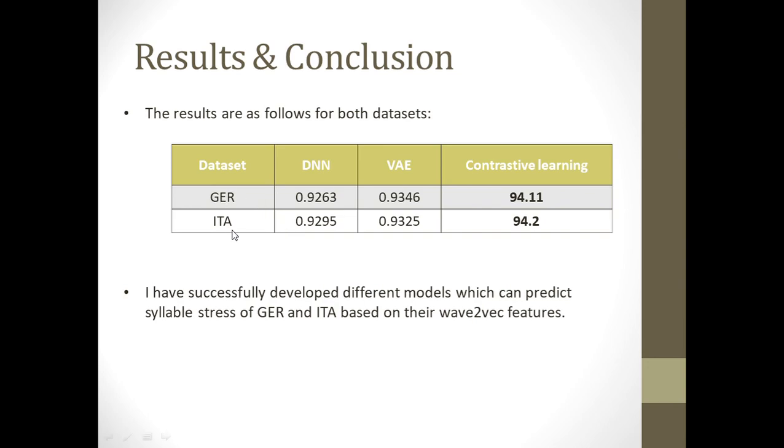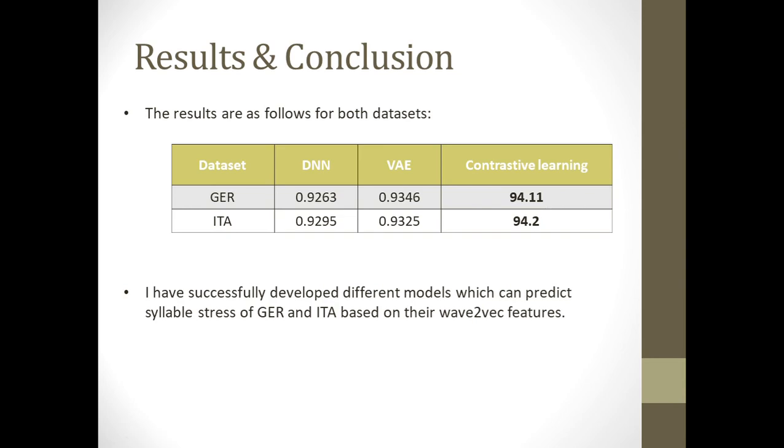The Italian data got 92.95 in DNN, 93.25 in VA, and 94.2 in contrastive learning. In all of this I used the same model architecture. There were a few cases where, if I changed the model architecture, Italian might go to 95, or German might go to 95, but on a similar architecture I just checked how much it performed.